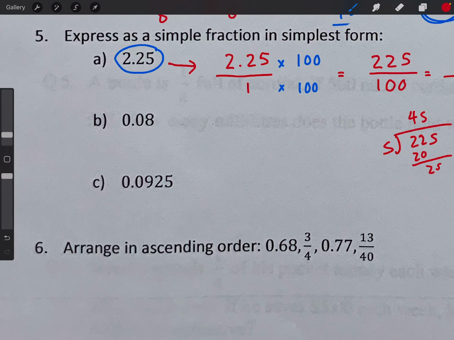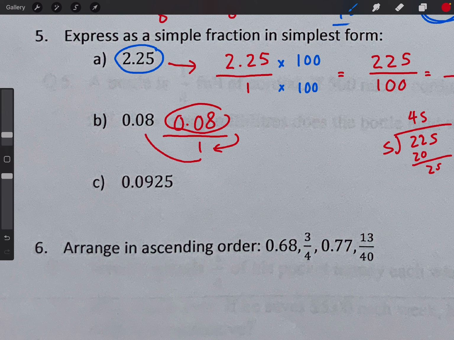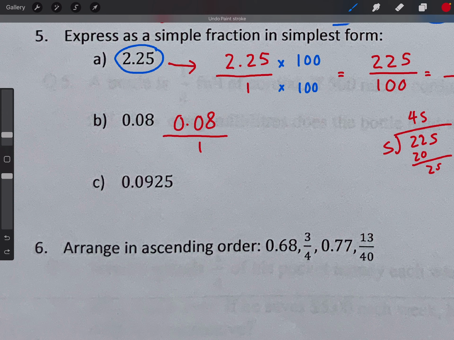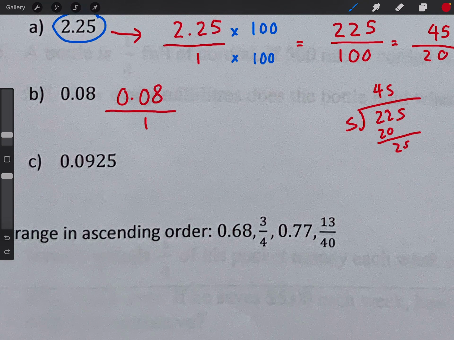Next one, 0.08. So again, we're going to put it over 1, because it's the same thing. 0.08 divided by 1 is still 0.08. But because it is a decimal, it's not an ideal fraction. We don't like to have decimals in our fractions.